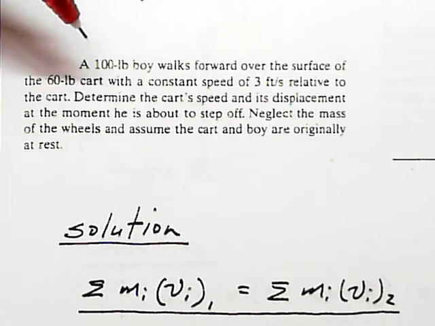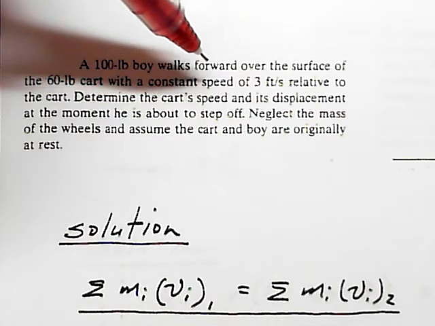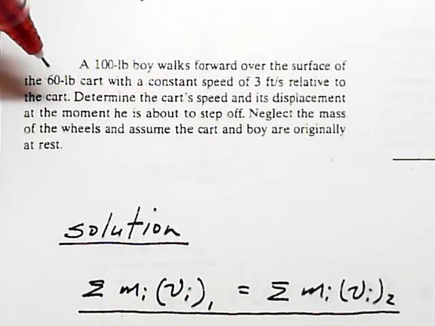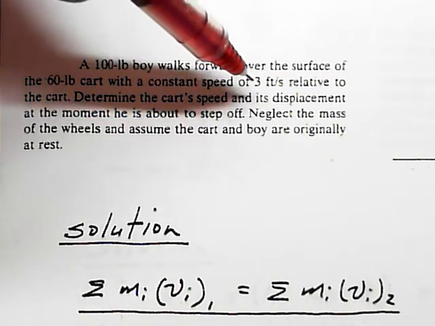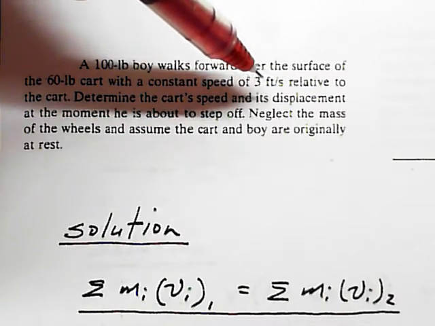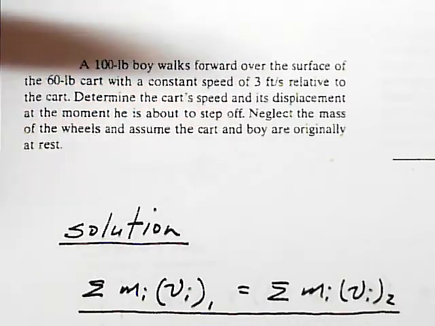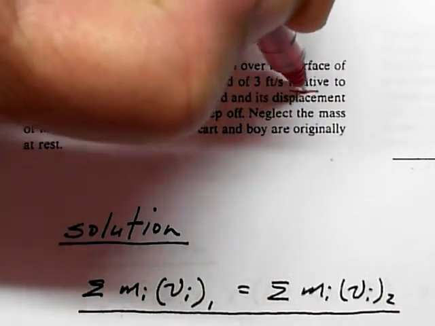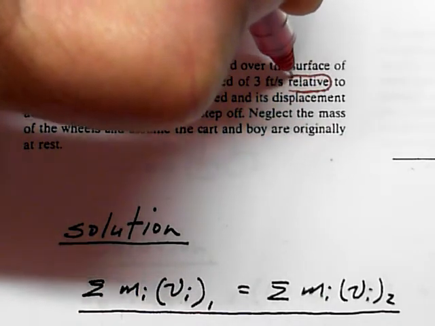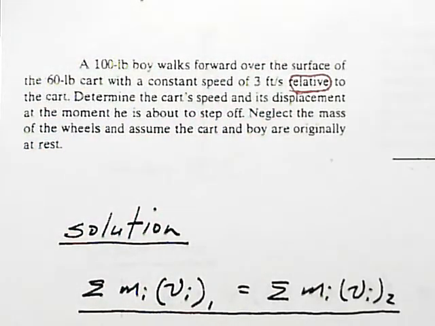A 100-pound boy walks forward over the surface of the 60-pound cart with a constant speed of 3 feet per second relative to the cart. Highlight that word, relative to the cart. We've encountered this idea before, and it made problems tougher.